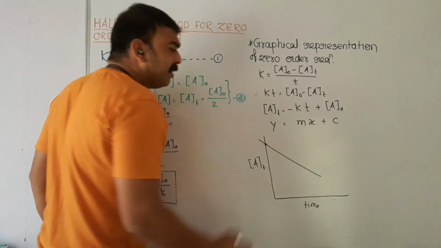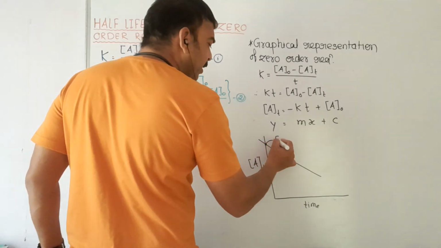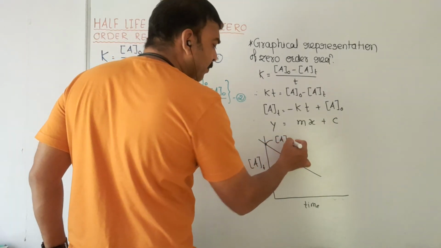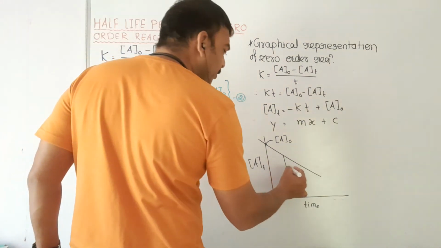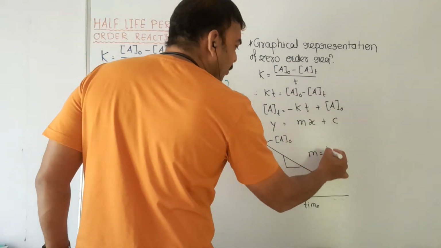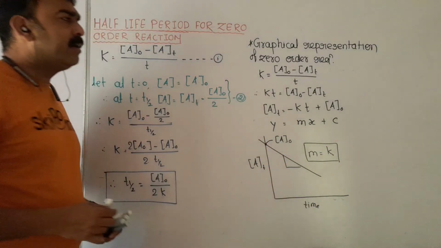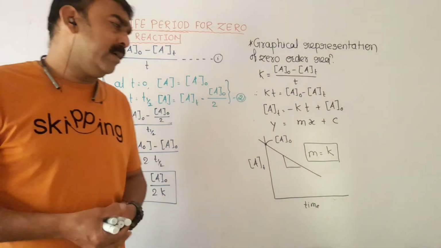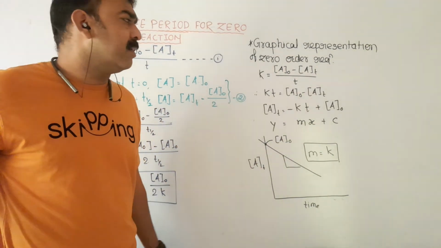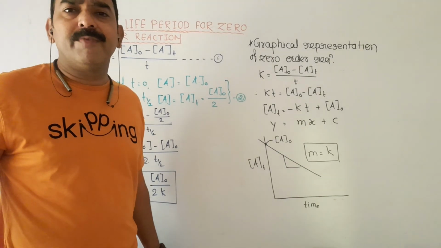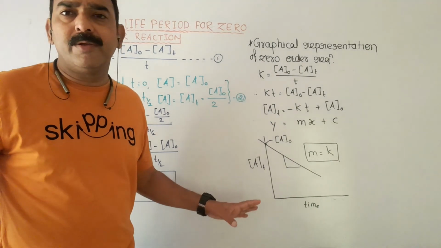The y-intercept of that straight line gives the value of initial concentration of reactant, and the slope of that straight line gives the value of k. And this is how we can determine the rate constant graphically. Okay, thank you very much.